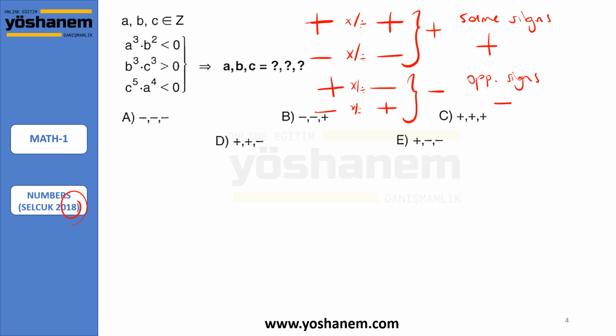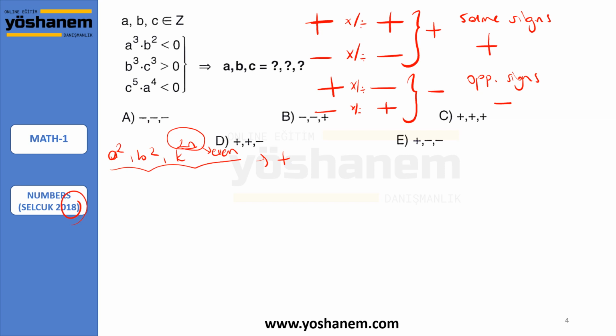By the way, if the exponent is an even number, like a square, b square, or k power of 2n, where n is an integer and this is an even number, then these are all positive. Keep that in your mind.